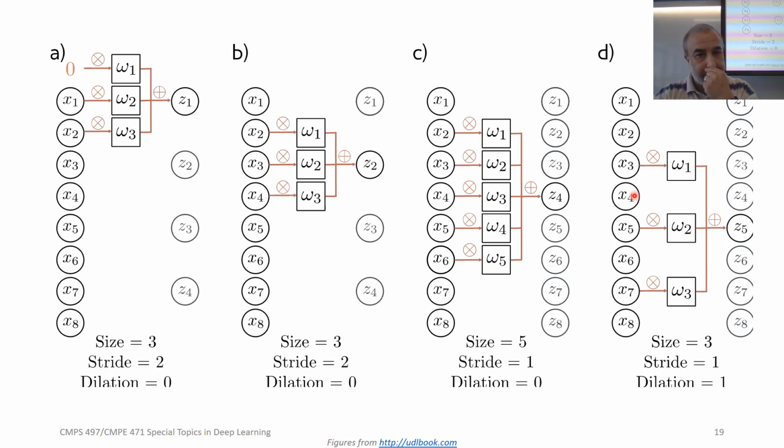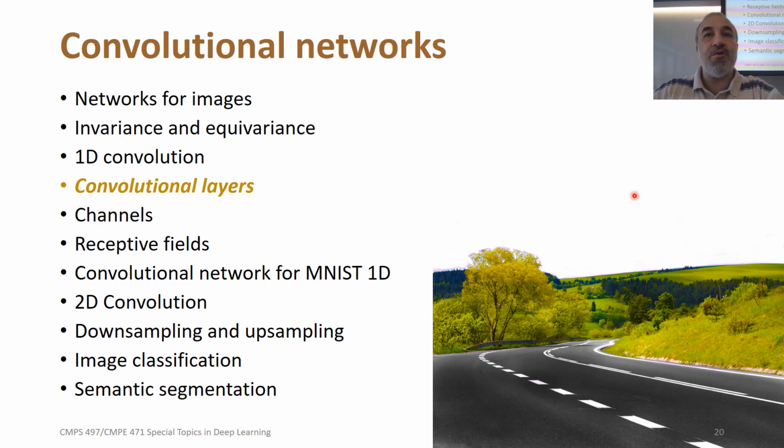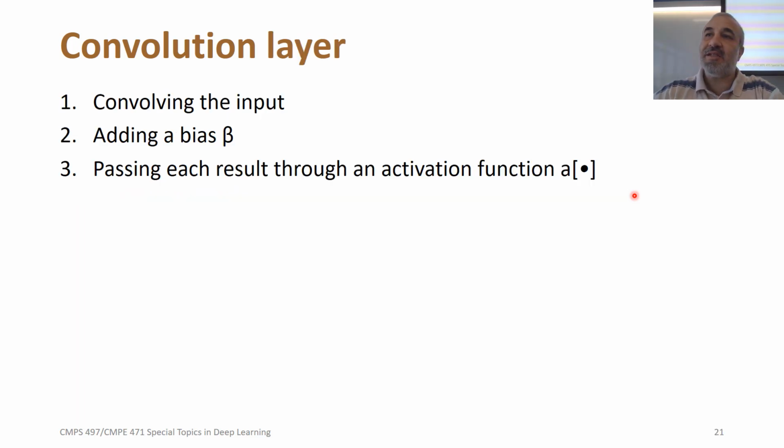Now, after we discussed what we mean by a 1D convolutional kernel, let's now talk about convolutional layers. Okay, how can we have a layer out of the kernels? The idea is very simple, and we are very familiar with it. We will apply the kernel to a region of the input. We add a bias.